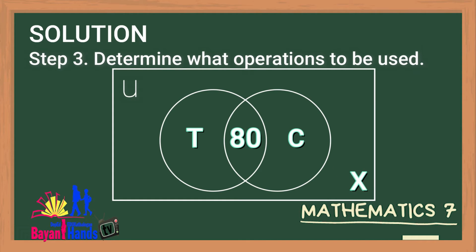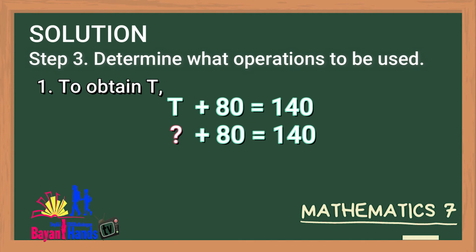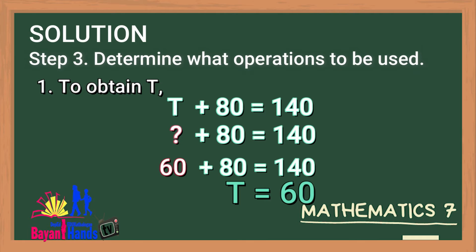First, T is obtained from the relation that T, which is section 1 plus section 2, which is equal to 80, is equal to 140. That's T plus 80 equals 140. And what is the number that will complete 80 to become 140? Yes, 60. That's why T is equal to 60.